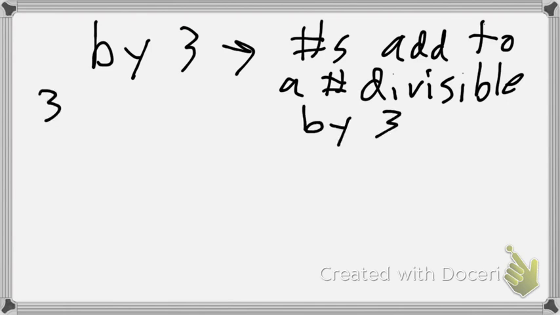We've got 3, 6, 9, 12, 15, 18, 21, 27. Okay, so all those numbers are divisible by 3, right? So what we want to do is look at any given number and figure out whether or not it's divisible by 3, kind of just by looking.